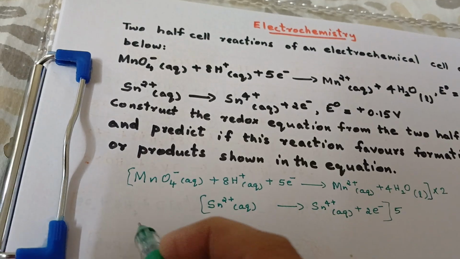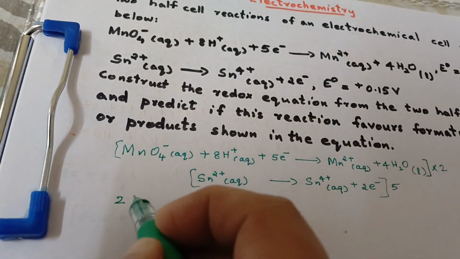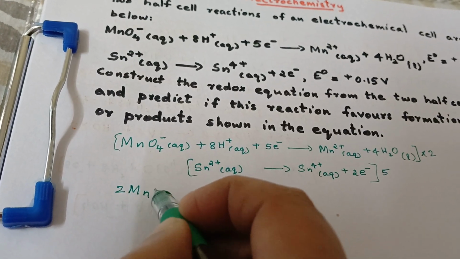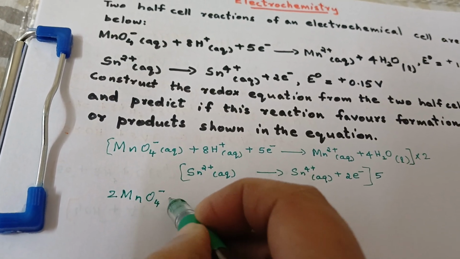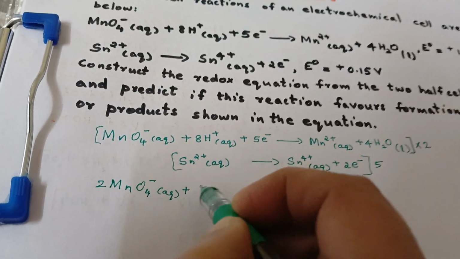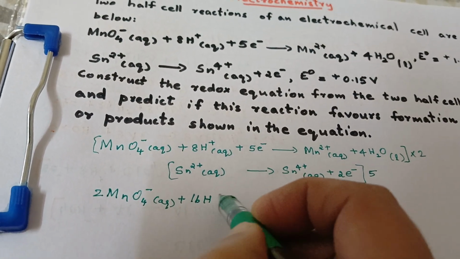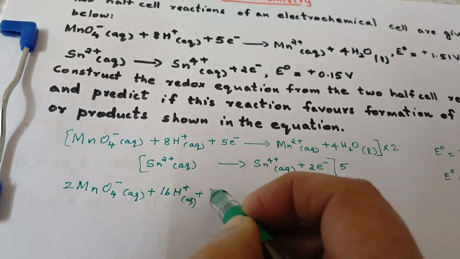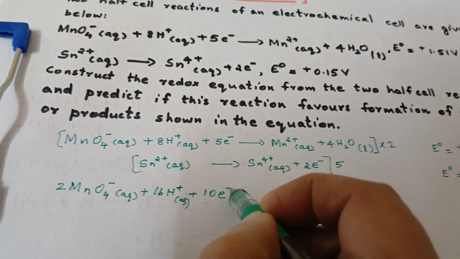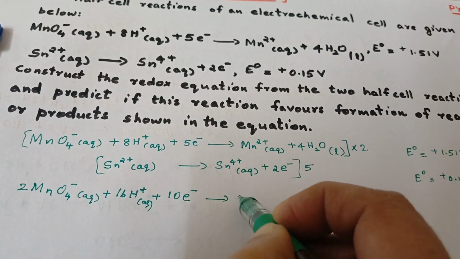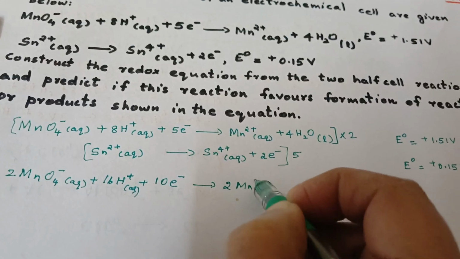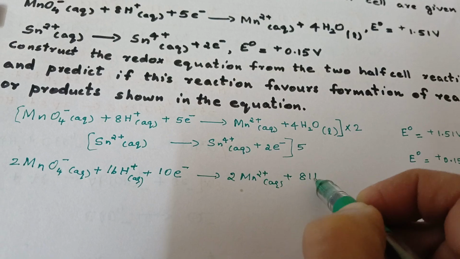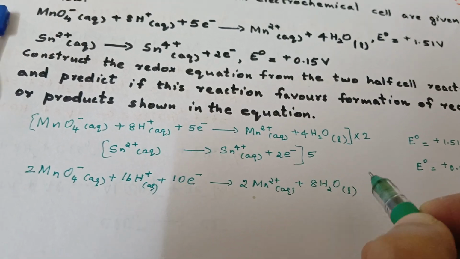When we multiply by 2, we make 2 the coefficient of each entity in the first equation: 2MnO4 minus aqueous plus 16H plus, 2 into 8, plus 5 into 2, 10 electrons, giving 2Mn2 plus aqueous plus 8H2O liquid.